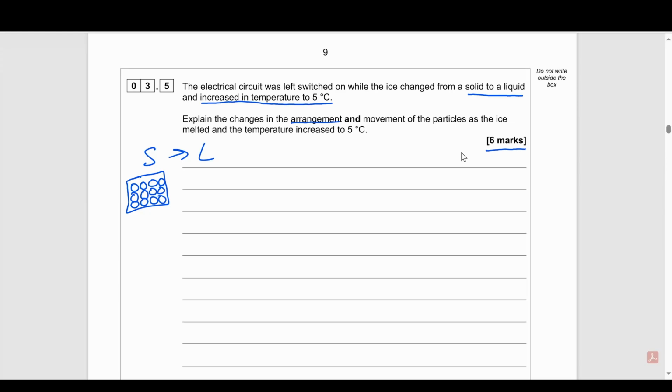They have low energy, but when the temperature increases and then it turns into a liquid, you'd expect that regular pattern to be disrupted. So now the particles are more in a random arrangement. You'd expect them to be moving, so you'd expect them to have a lot more energy.